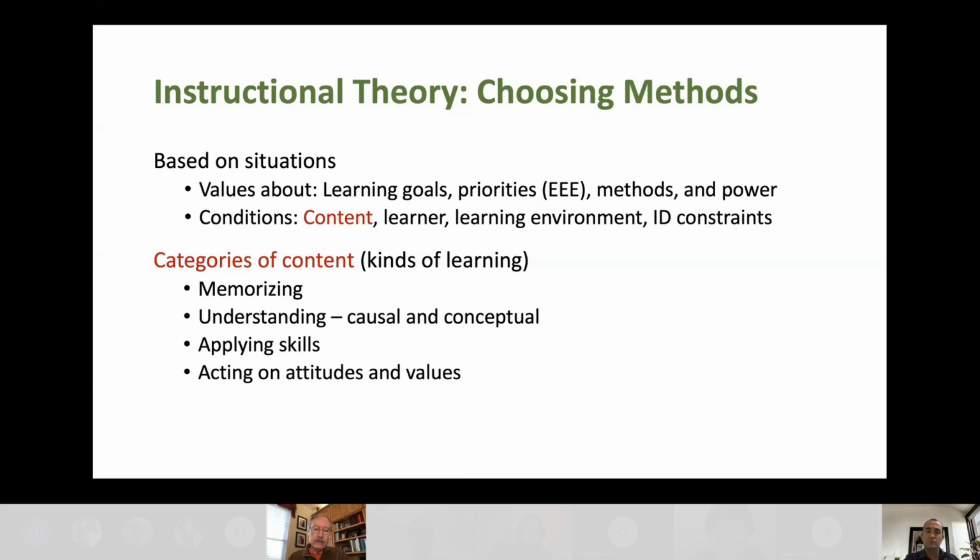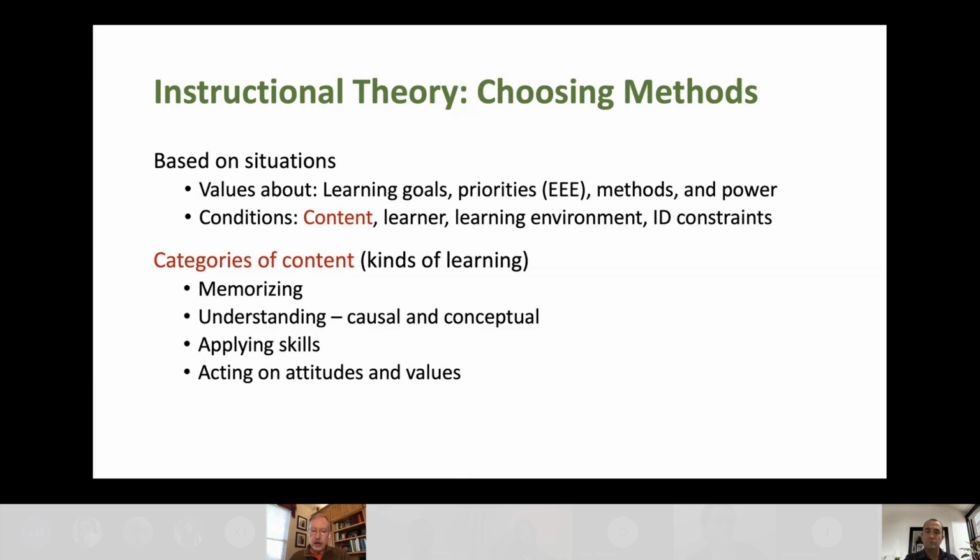And the methods there are very different from the methods you use to help learners to apply skills, to learn how to apply skills. And still different is the affective domain, acting on attitudes and values. Methods of instruction are very different there.